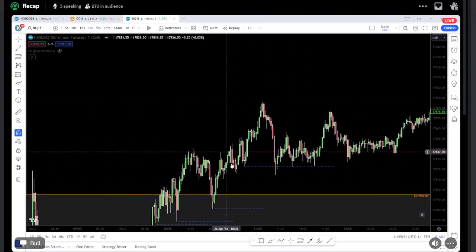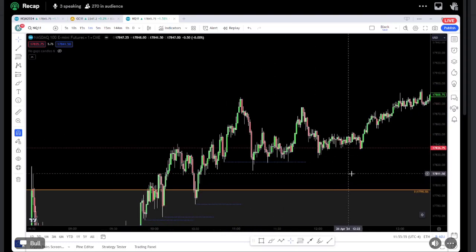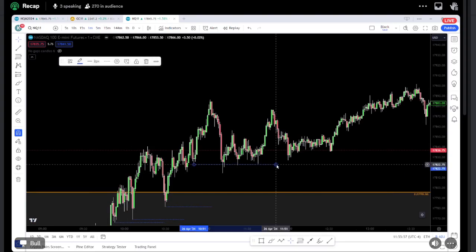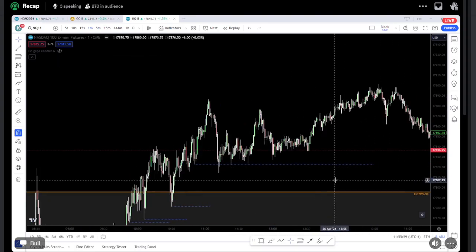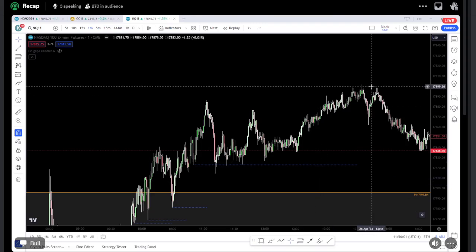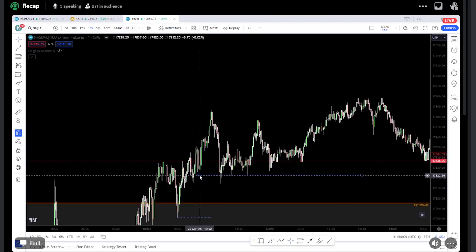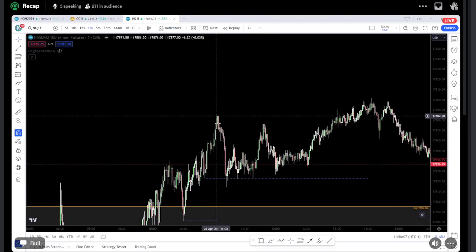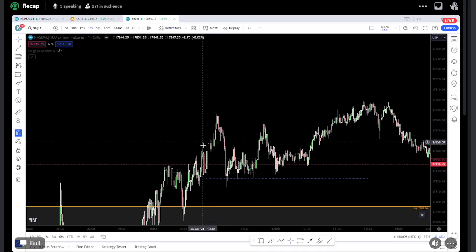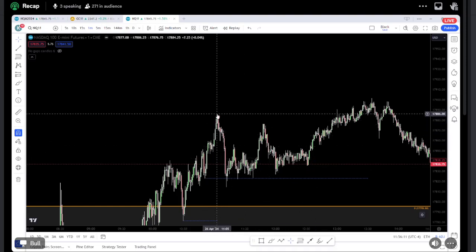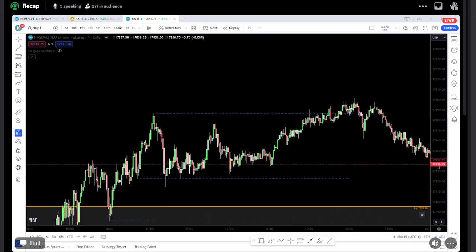So there was no market structure shift that happened in here. It tried as much as it liked, but all we were seeing using our DTFX methodology is higher prices. Okay, so this low here put in this high. This is all range action until we get a closure above this validated high here.